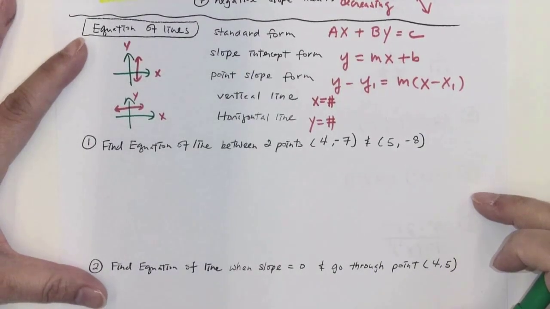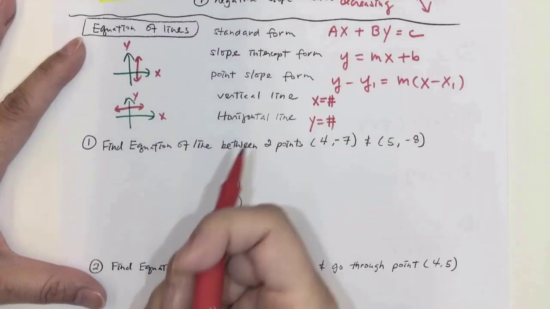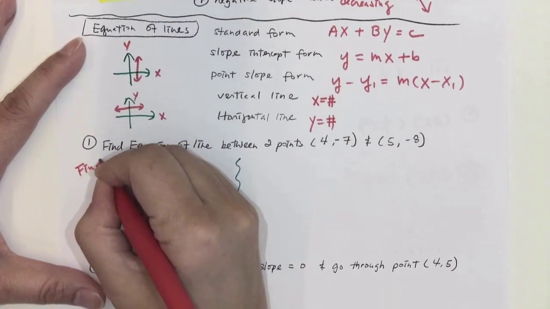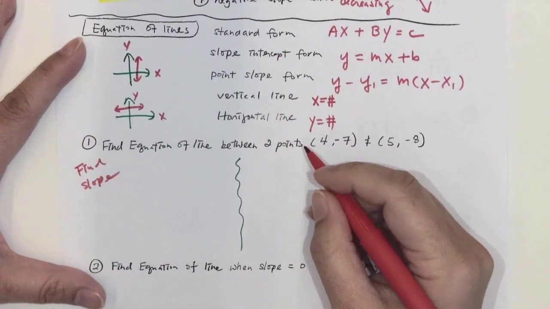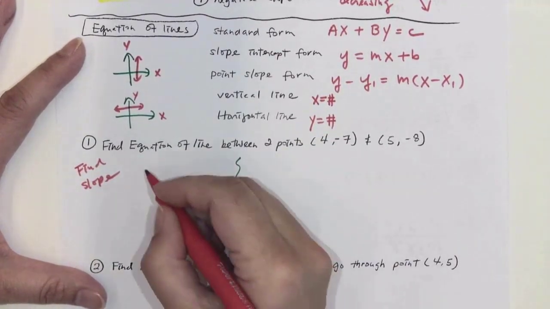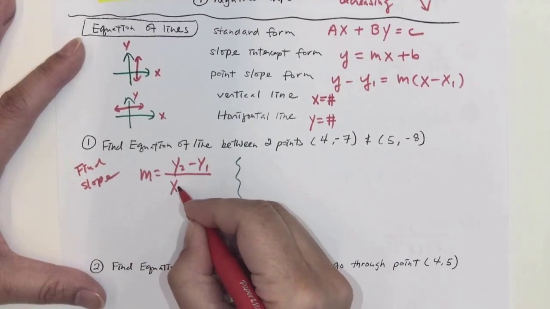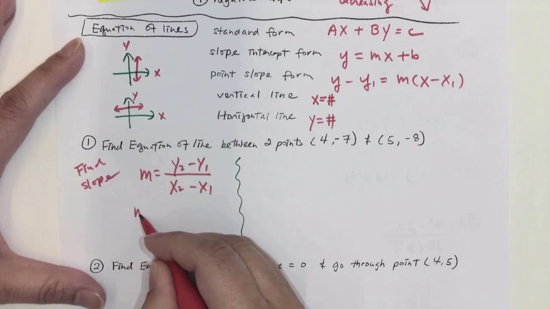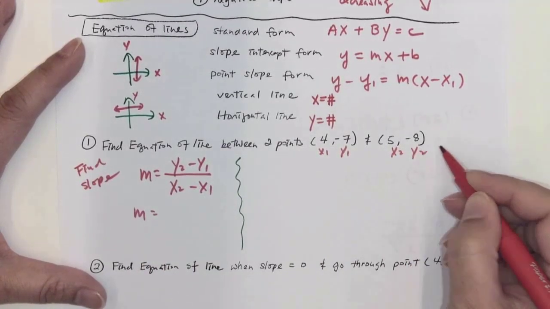So if given 2 points, how can I find the equation of the line? First we need to find the slope. After you have the slope, we will plug it in to get the equation. So can you go ahead and use the slope formula and find me the slope first? Plug it in. This is x1, y1, x2, y2.